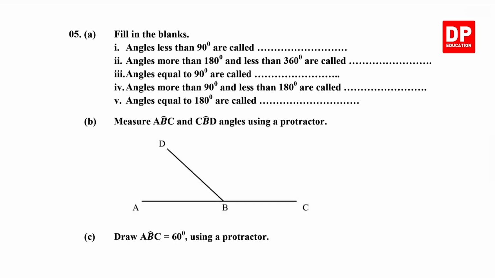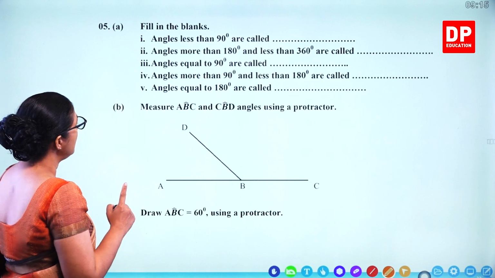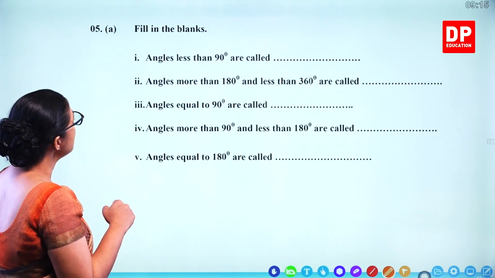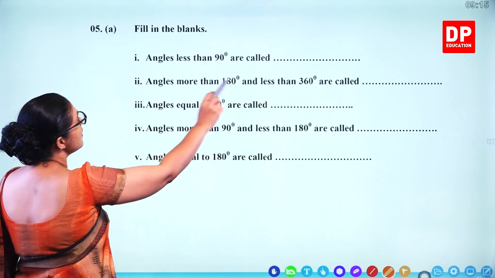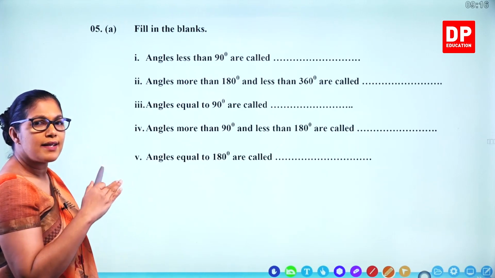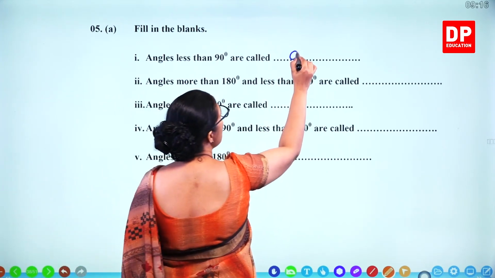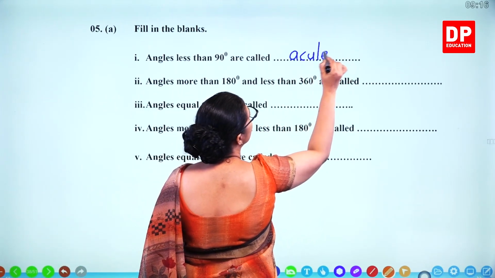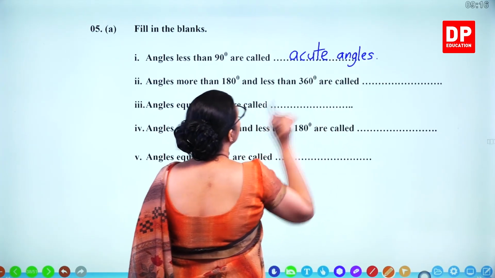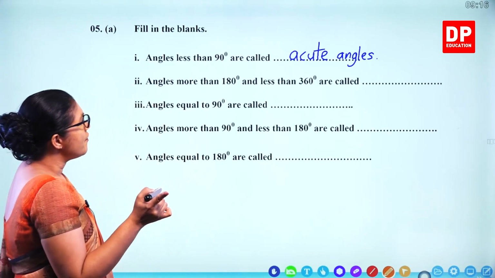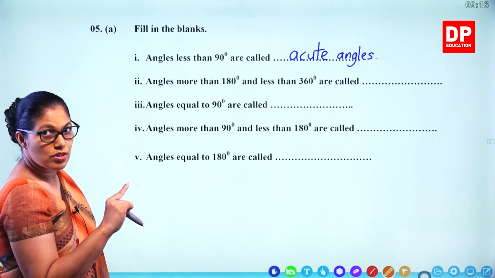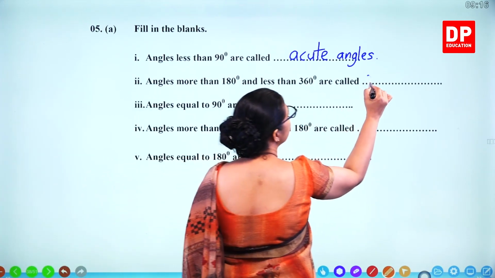Question number 5. So you have to fill in the blanks and then measure the angle. Write in the blanks the answers here. Angles less than 90. Less than 90 we call acute angles. Angles more than 180 and less than 360. What are those? Reflex angles.